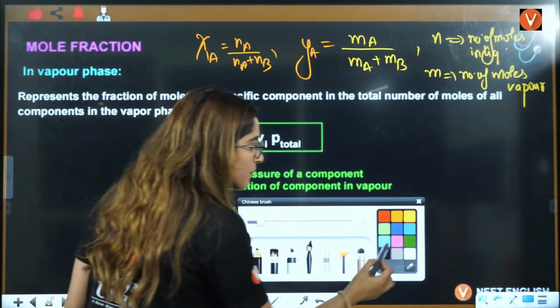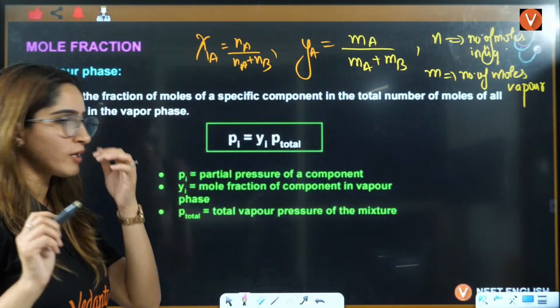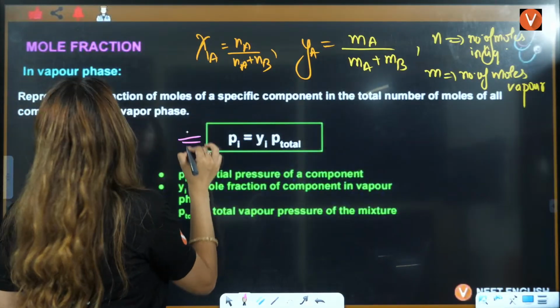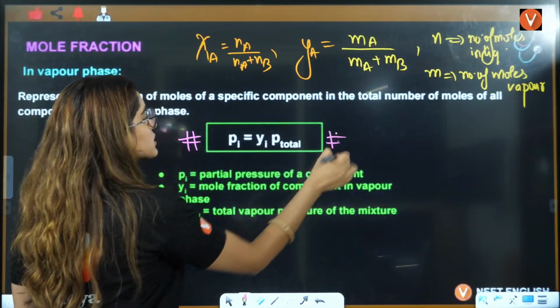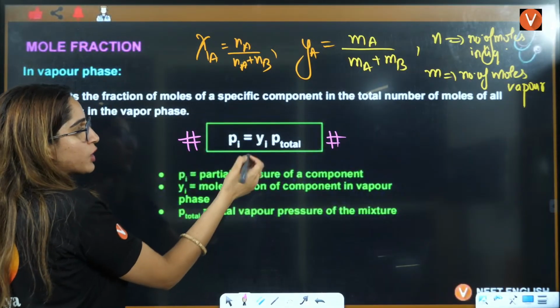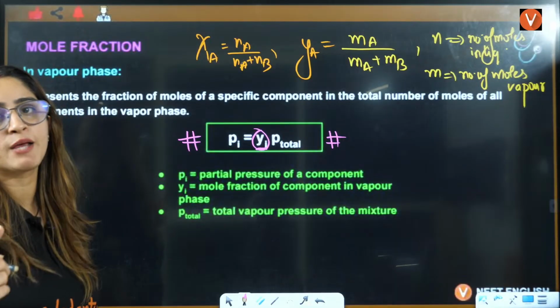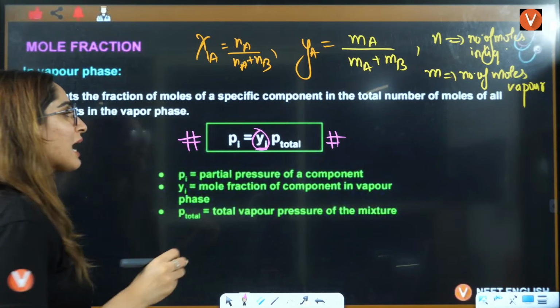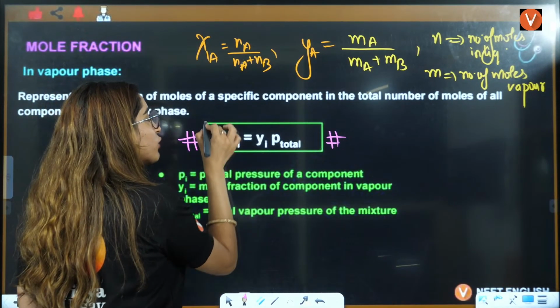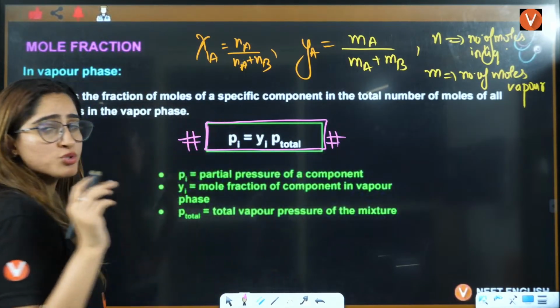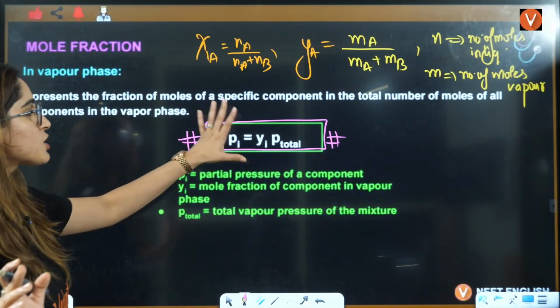But if you talk about reality here, what is the formula that was given here? That was partial pressure is equal to mole fraction in vapor phase multiplied by the total pressure. That is the formula that you should remember. Now I'll also tell you how to use this formula. Don't worry about that. Just remember this formula.